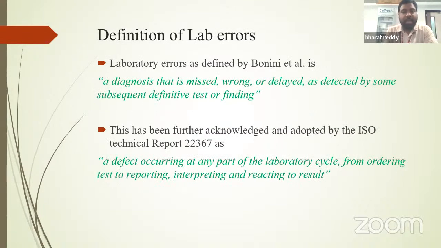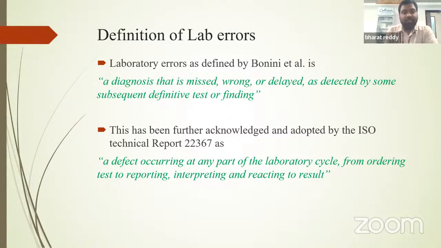This is a definition of the laboratory errors. Laboratory error, as defined by Bonin et al., is a diagnosis that is missed, wrong, or delayed, as detected by some subsequent definitive tests or findings.